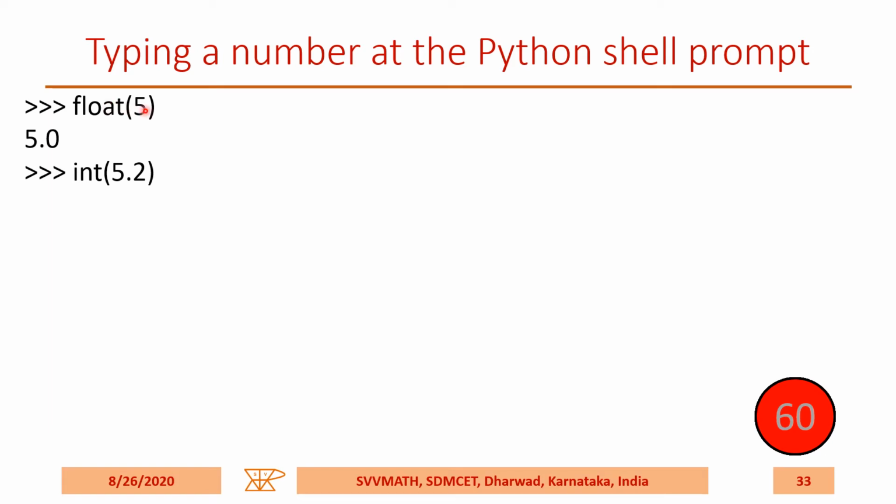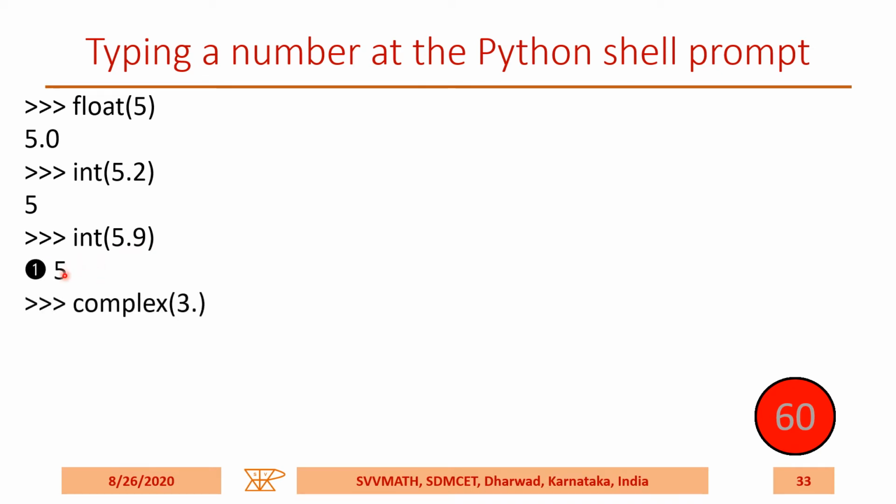If I type float(5) and press enter, I'll get 5.0. If I type int(5.2) and press enter, what will I get? When I say int, I'll get an integer version of that: 5. If I type int(5.9), what will I get?